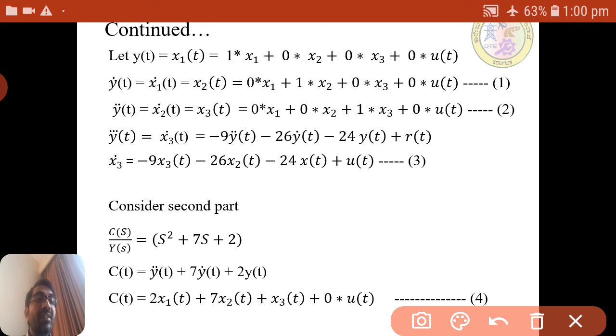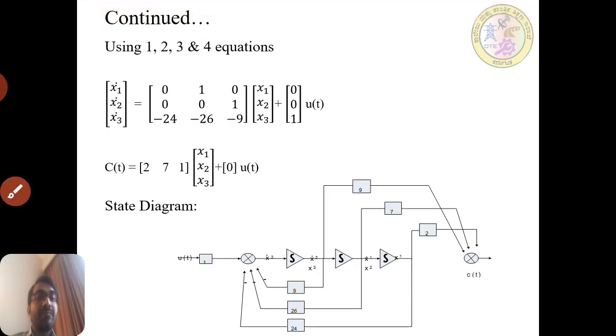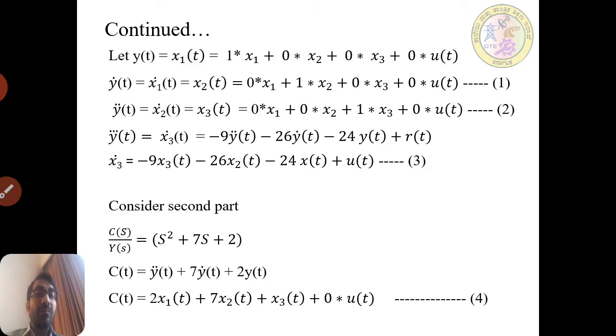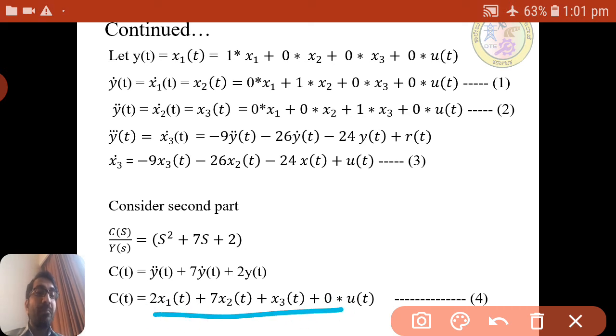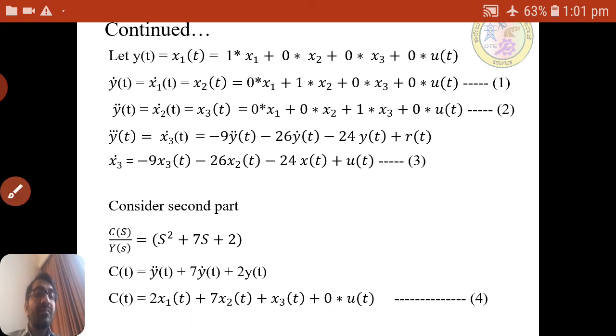This will be considered as equation number 4. So now we use equations 1, 2, 3 and 4: the three equations from the first part and the one equation from the second part, c of t.